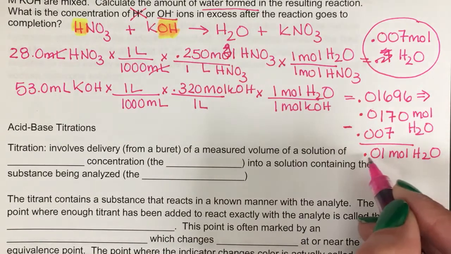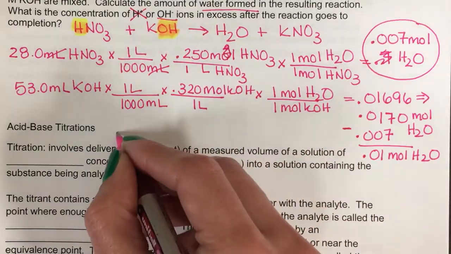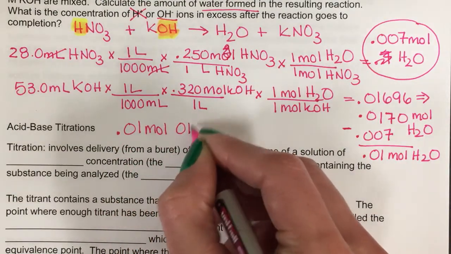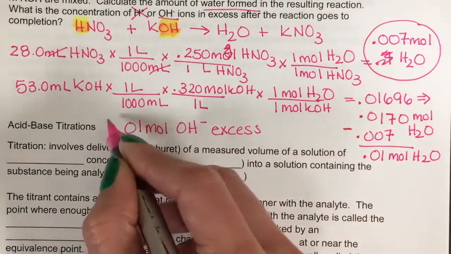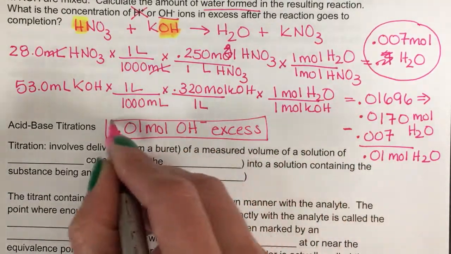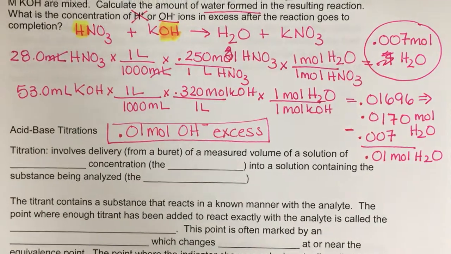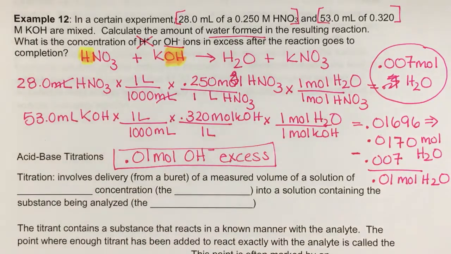So if I had 0.01 moles of H2O extra, I've got 0.01 moles of OH in excess. Okay? So remember, it looks basically exactly the same as our precipitation reaction. The only difference is if I'm given milliliters, I need to change it to liters.